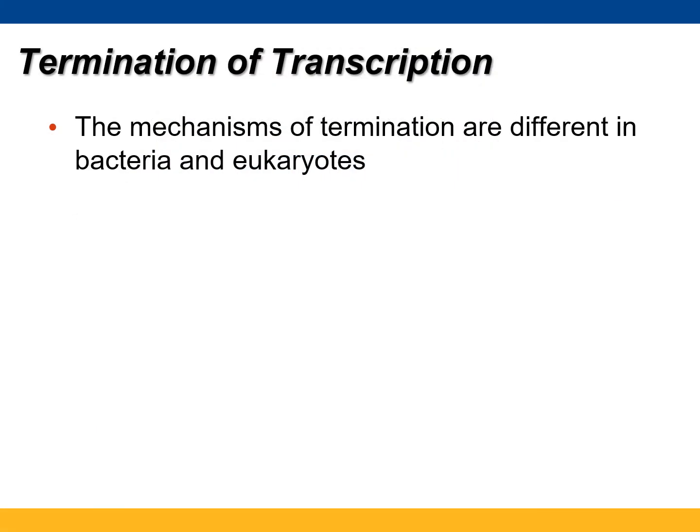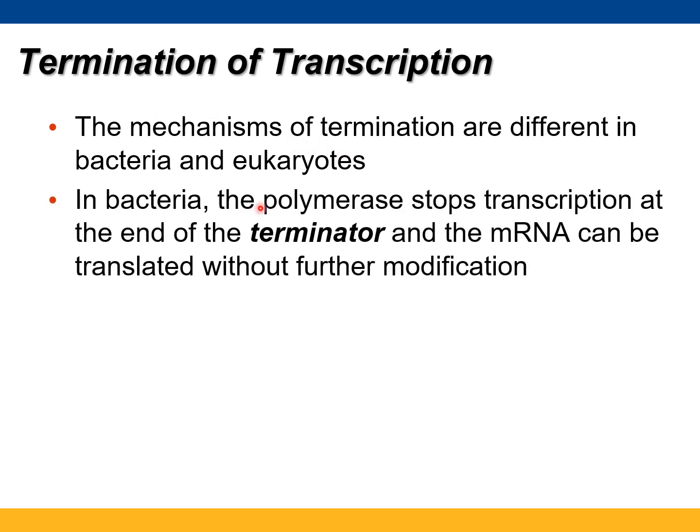So with termination, what we have is signal recognition, and slightly different mechanisms between prokaryotes and eukaryotes. In prokaryotes, the RNA polymerase will hit what we call a terminator sequence. It's like a TATA box, only it's for stopping. And so the mRNA will disassociate from the polymerase, and that's the end of that.